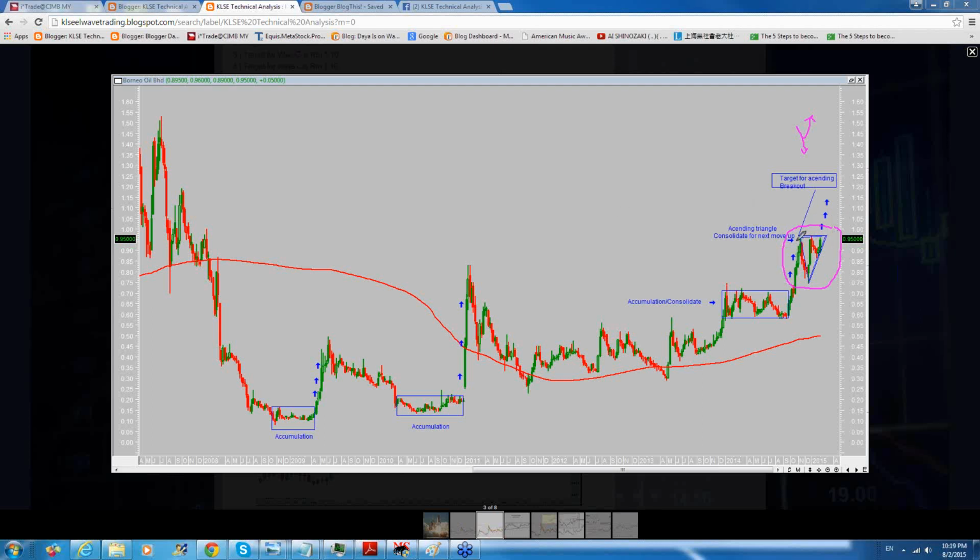Okay, there's a key message I want to pass on here. Based on this type of signal, the target of the ascending triangle breakout will be $1.20, which I put down here. It's $1.20 based on past experience. The breakout probability, based on calculation of past history, is about 75%.